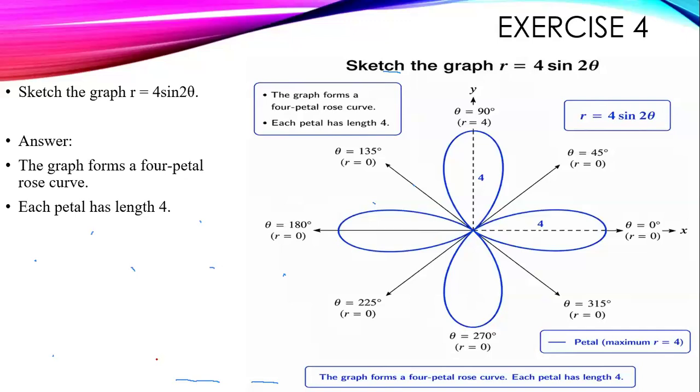And our fourth petal, theta is equal to 180 and r is equal to 0. So because of that 4 sine 2 theta, that's how we know that our graph in this case would have 4 petals, a maximum of 4 petals. Next.